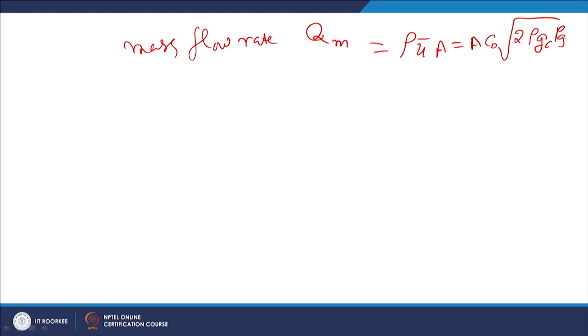So the total mass of liquid spilled depends on the total time that the leak is active. So C naught is a function of Re, where Re stands for Reynolds number, and D is the diameter of the hole.